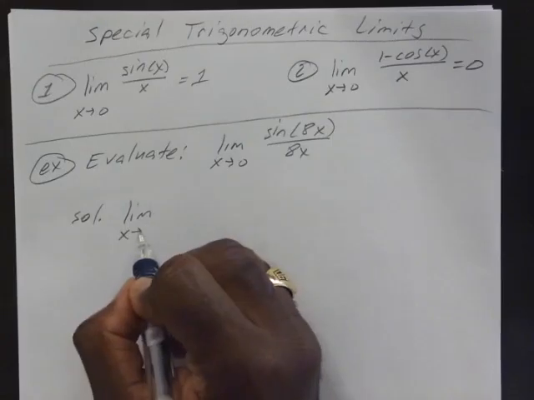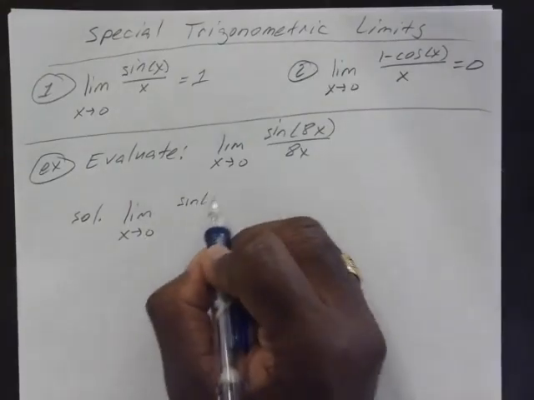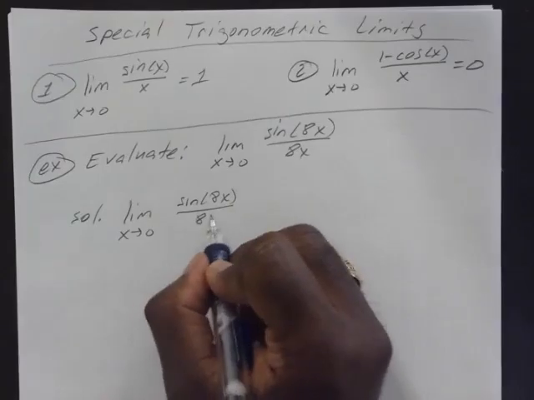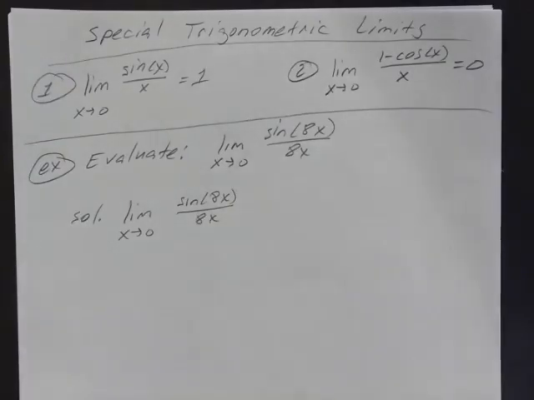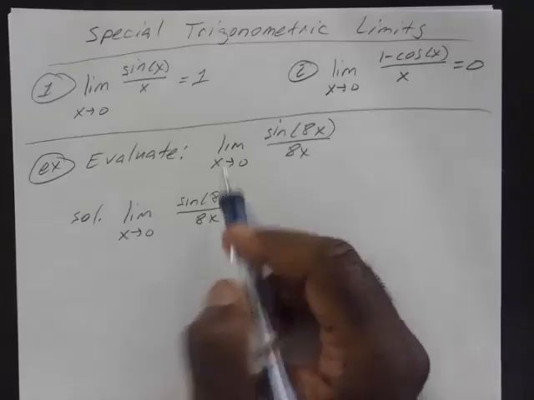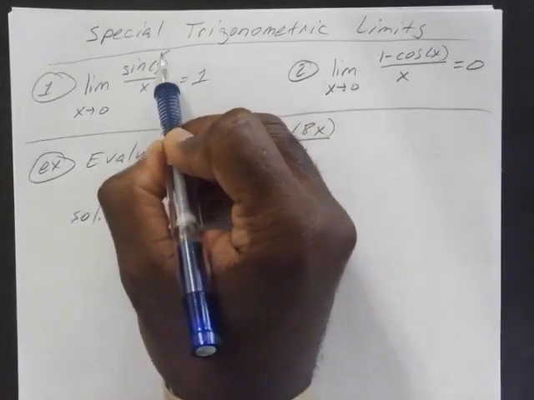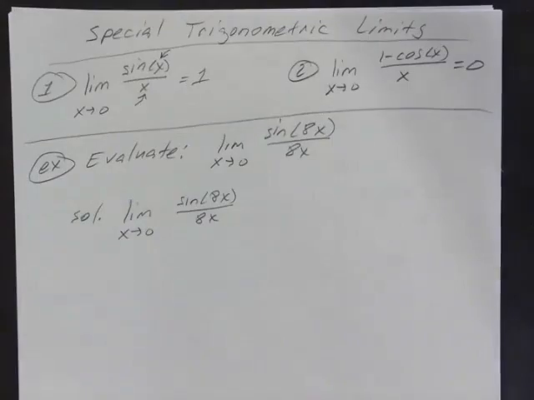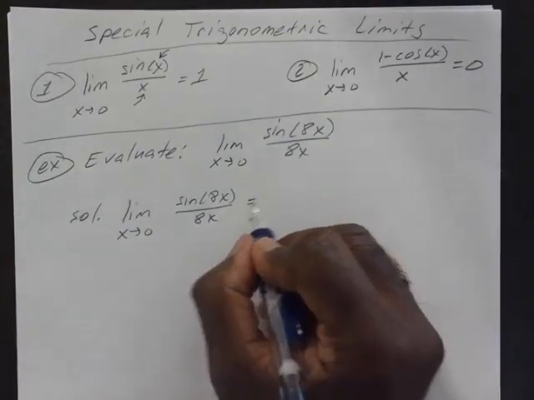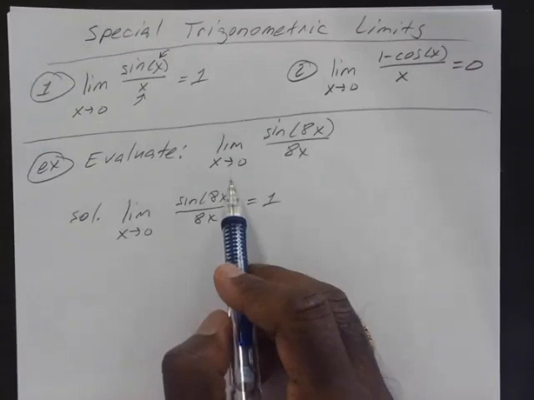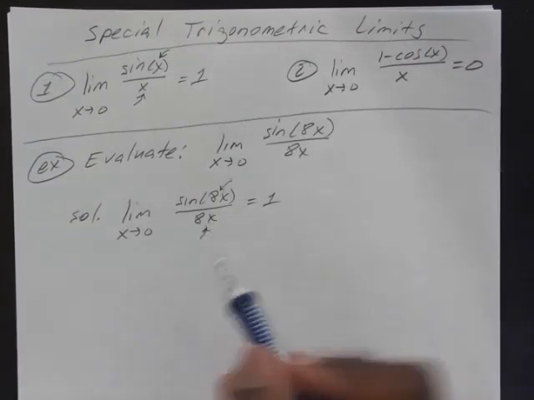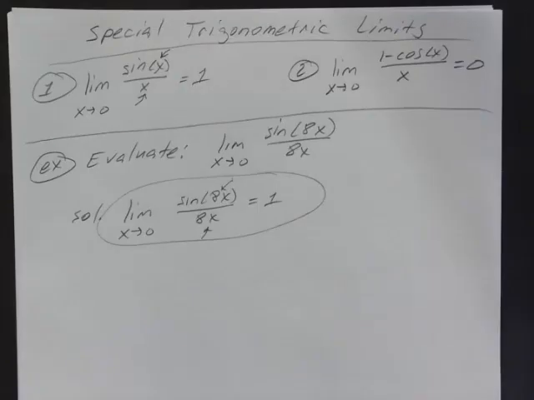The limit as x approaches 0, sine of 8x divided by 8x. Now, as long as your angle and your denominator are the same, this is just going to equal 1. Our angle and denominator are the same. Now, if they're not the same, a lot of times it's a pretty quick fix.